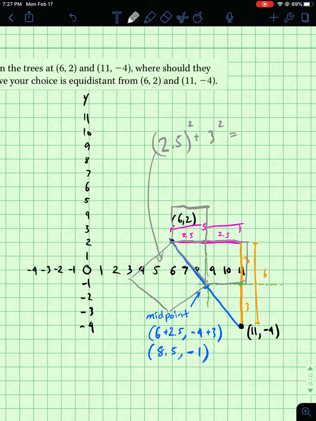We see that 2.5 times 2.5 is... doesn't look like I did that right. 2.5 times 2.5 is 6.25. That seems about right.